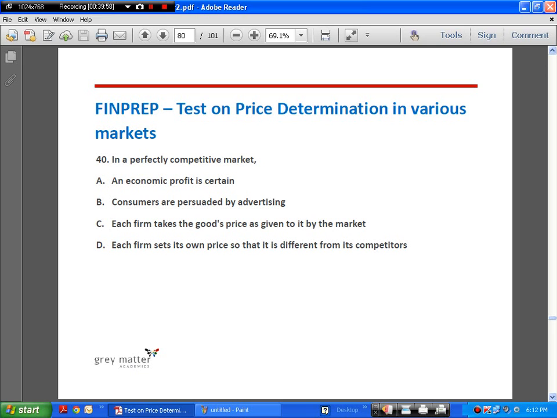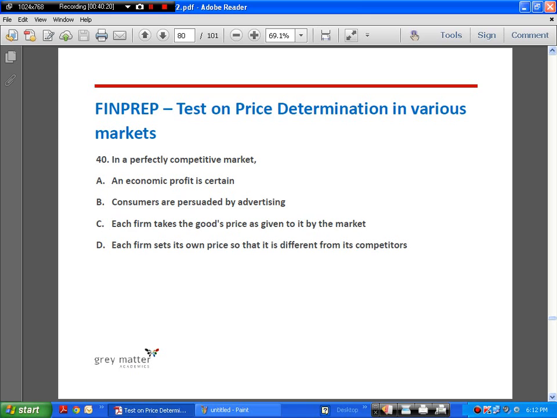40th question. In a perfectly competitive market, an economic profit is certain, consumers are persuaded by advertising, each firm takes the good's price as given to it by the market, each firm sets its own price so that it is different from its competitors.